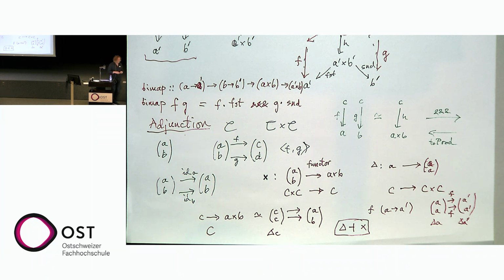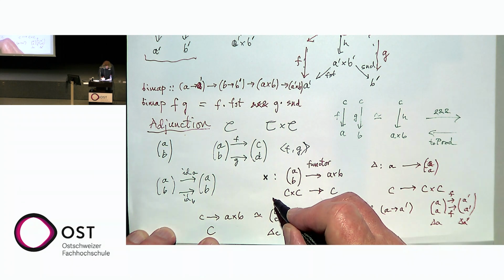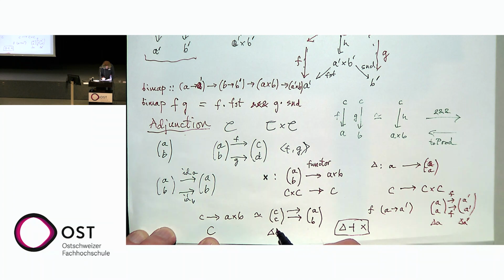Yes? How do I know which adjoint is the left one? Yeah, that's just what it's called, you know. Because this is on the left of the arrows, right? So delta C is on the left of the arrow, so it's left adjoint to this, which is on the right of the arrow, right?